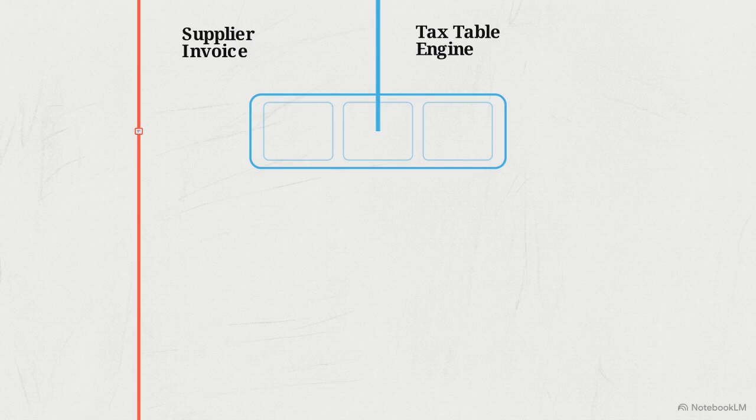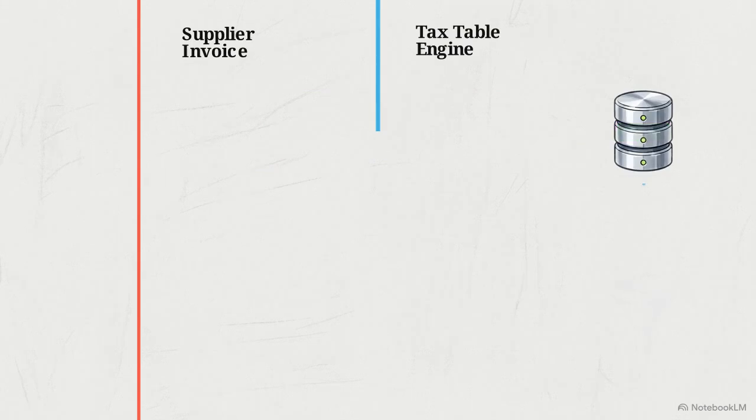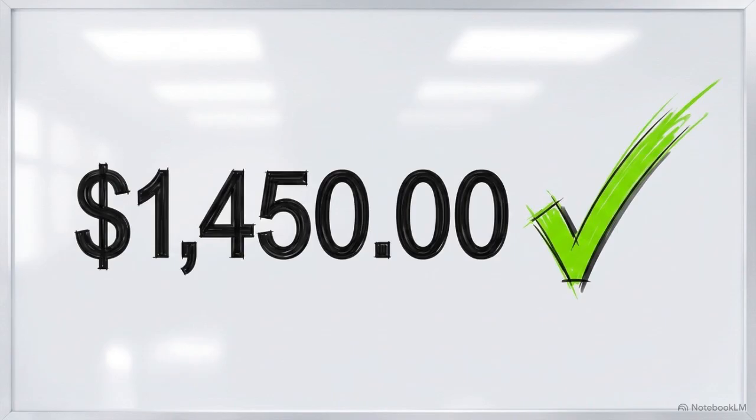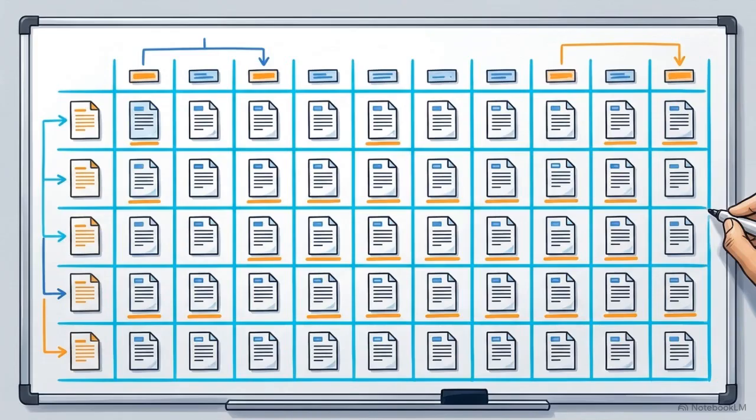Next, it requires the spatial variables defining the jurisdiction, the exact ship from and ship to locations. The system runs these three variables against the preloaded customer tax tables to output a discrete tax code and its corresponding tax rate. Mathematically, this rate translates into the expected tax amount for the transaction. This deterministic matrix removes human guesswork, providing a strict internal baseline for the reconciliation process.